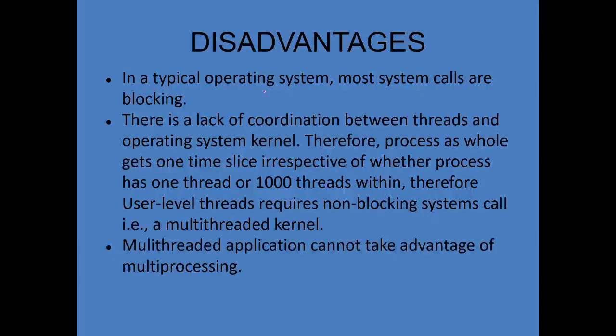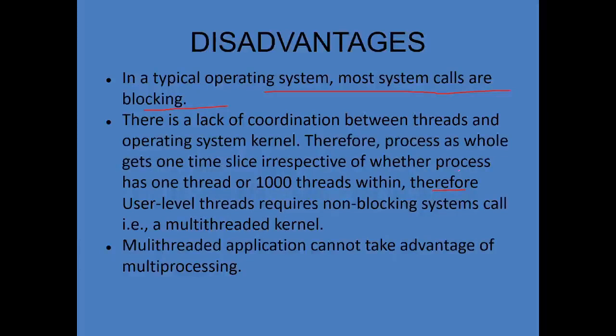Disadvantage is that in a typical operating system most system calls are blocking. Some of the system calls can be blocked by the kernel for some reasons, so there will be blockages for the user level threads.